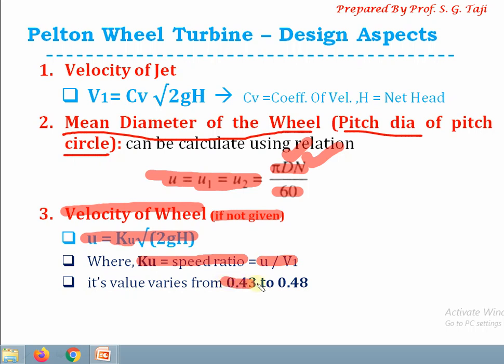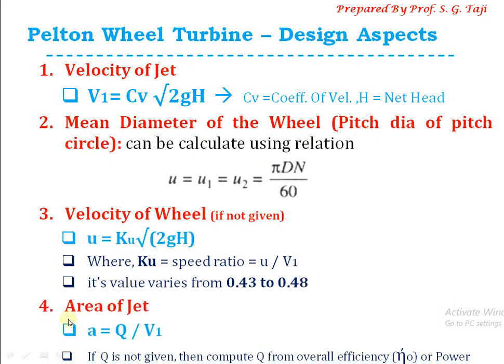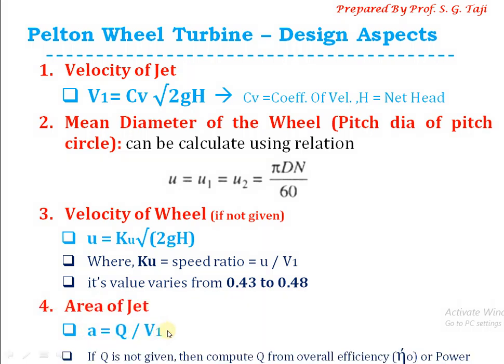Its value generally ranges in between 0.43 to 0.48, and most commonly its value is taken as 0.45. The next component is the area of jet. The area of jet can be calculated as small a is equal to Q upon V1, where Q is the discharge flowing through the runner and V1 is the velocity of jet. If this Q is not given, then compute that Q from the overall efficiency or the equation of power.